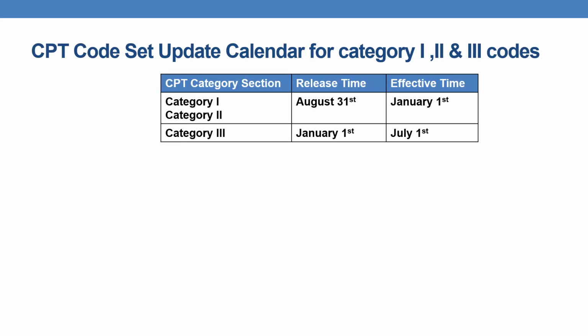Here you can see the CPT code set update calendar for category 1, 2 and 3 codes: when the codes are updated, the release time and the effective time. For category 1 and category 2 codes, the release time is August 31st and they are effective from January 1st of the next year. The next is category 3 codes.